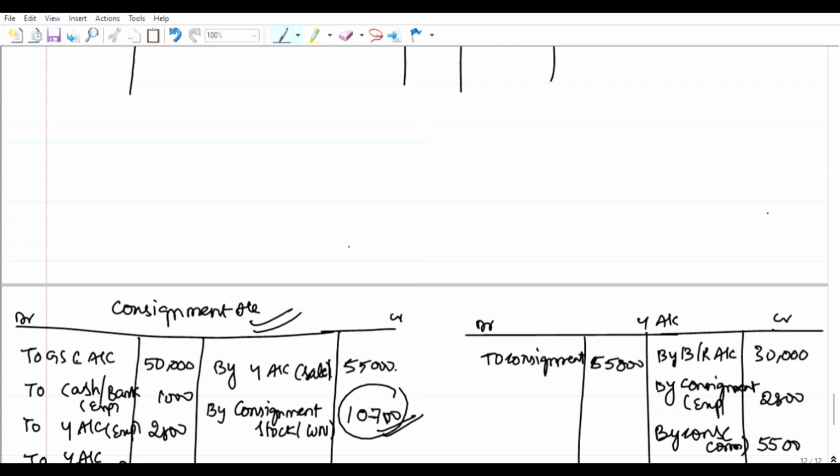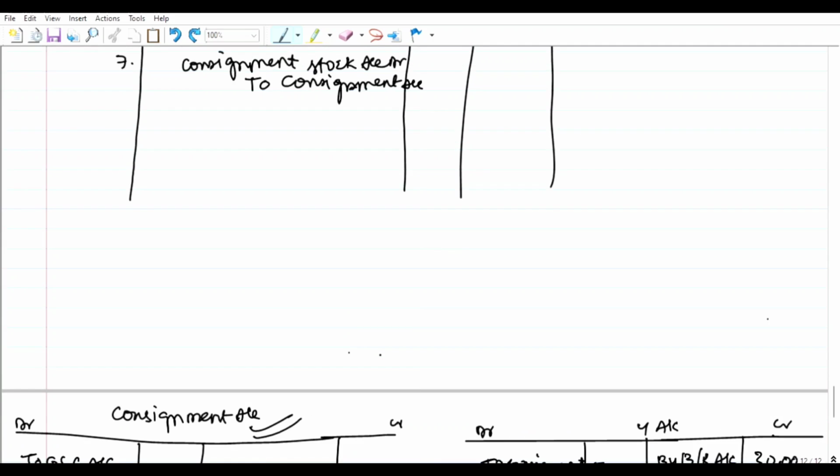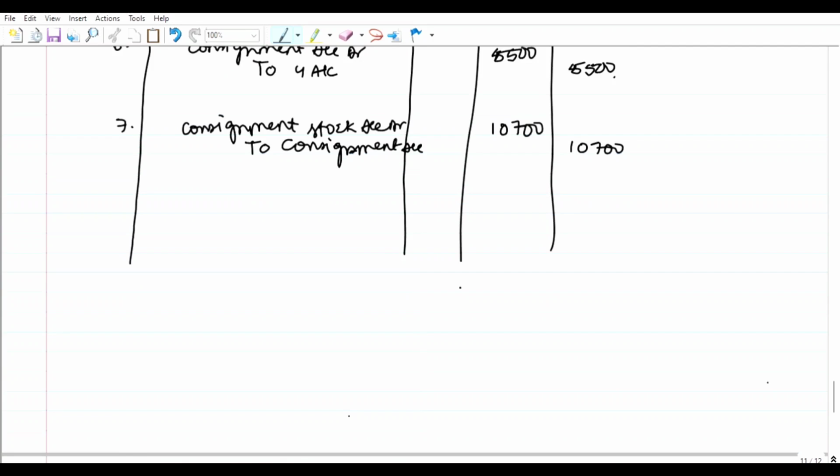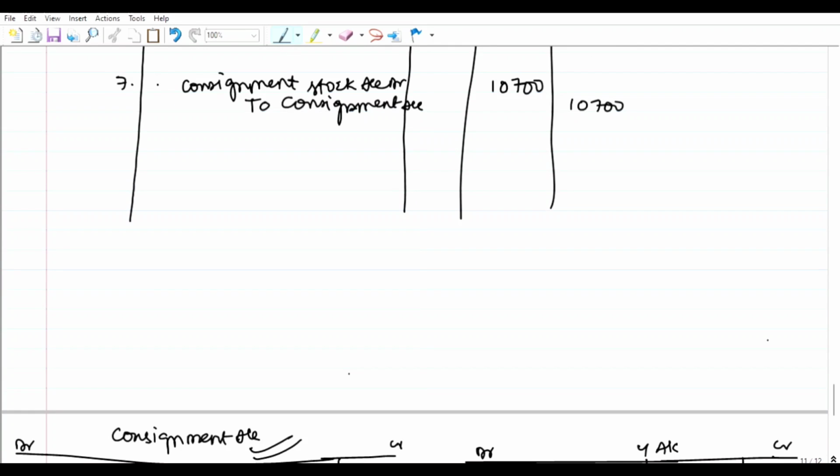Let us see here, 10,700 rupees. How we have taken this 10,700, I will explain once again after taking the journal entries.